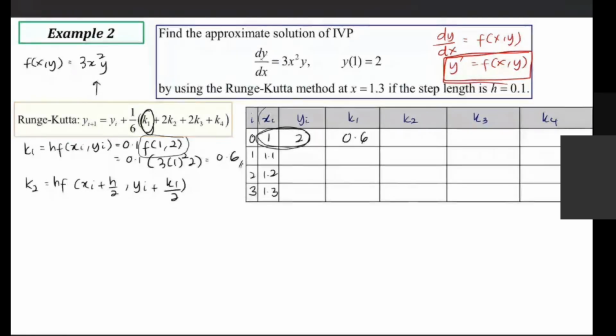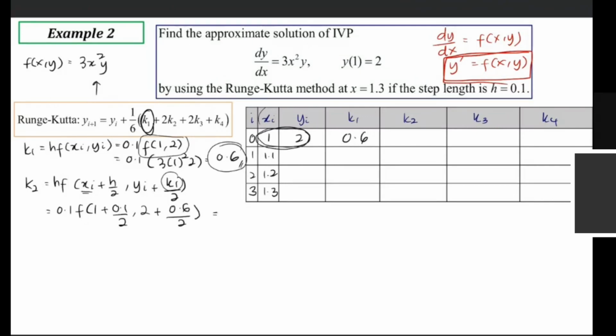And then substitute h 0.1, f(x_i is 1 plus 0.1 over 2, y is 2 plus K1, the value of K1 here, 0.6 over 2). And then calculate 0.1 f. You get 1.05, 2.3.